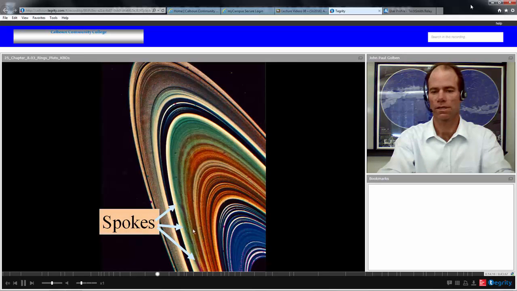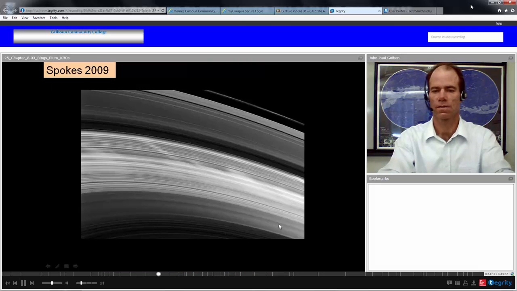Here's another look at these darkened spokes on Saturn's ring system. And here's a recent picture of the spoke effect, 2009, and we can see some discoloration here and a radial pattern across the rings.